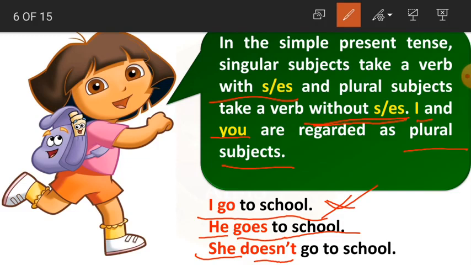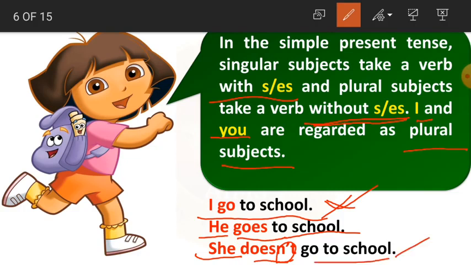So for do, we are adding es because this is a negative sentence. We made it as not, does not. It is a negative sentence, whereas he goes to school is a positive sentence. She does not go to school. Clear, children? Yes.